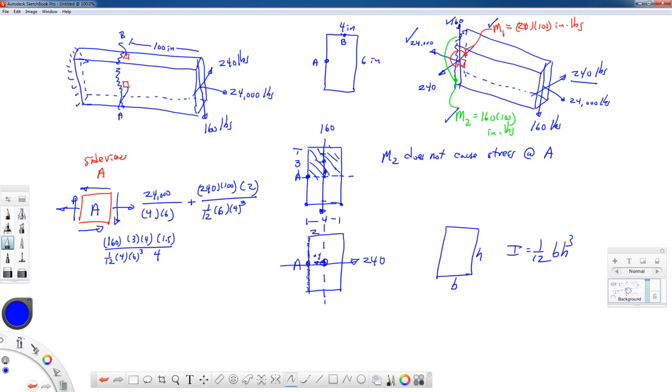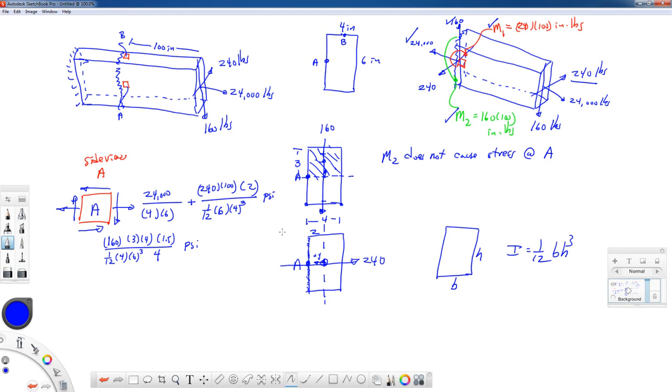So when we shade in from that point to the top, there is no Q area. So we have no shearing stress contribution at point A for the 240-pound force. All right, so we can calculate these terms. And this point A is not a principal stress state.